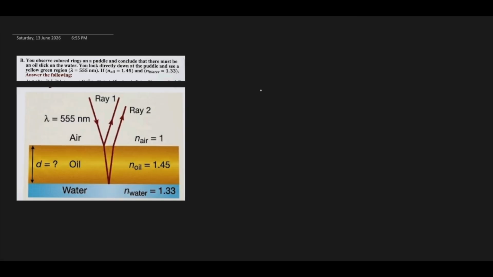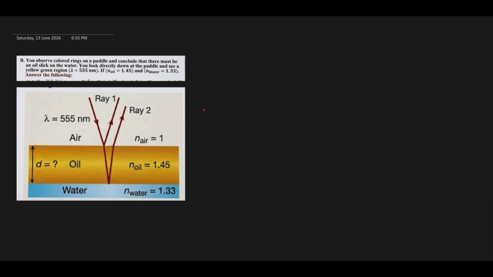To solve this question, we will have to know whether the ray undergoes a phase shift or not. When does a phase shift happen? It happens when you go from a lower refractive index into a higher one. So from 1 to 1.45, yes, we have a phase shift, and from 1.45 to 1.33, we have no phase shift. So we have only one phase shift.